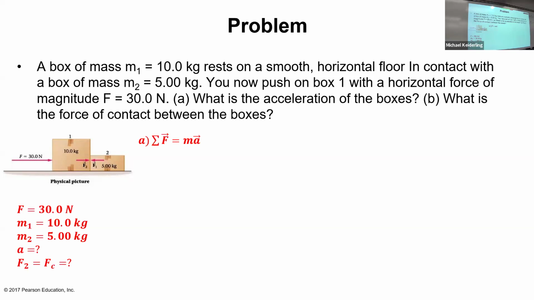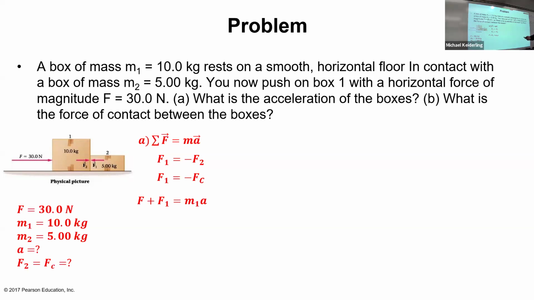So we know in general, for any object, force equals mass times acceleration. So let's look at the forces. We also know that force 1 equals minus force 2. So force 1 is minus force of contact. So let's write out the forces on the first box. The applied force, 30, plus force 1 equals mass 1 times acceleration.